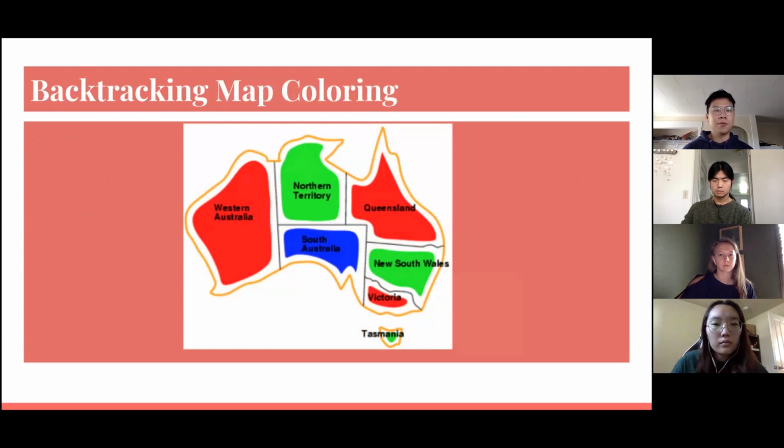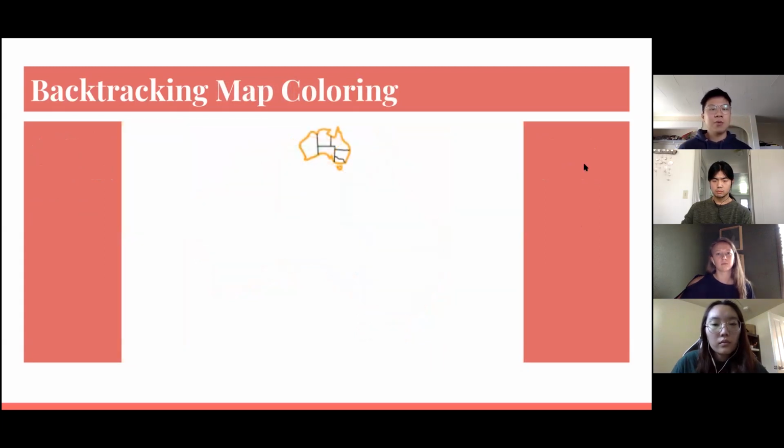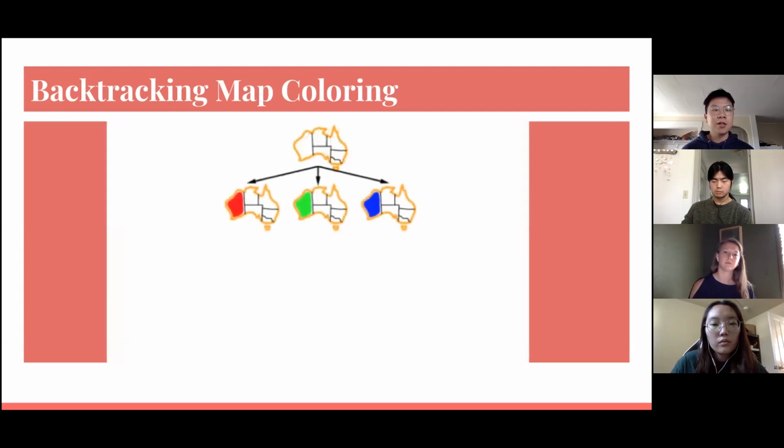If we start from an empty map, we start assigning a color to the very left region. The colors that we can assign to it are red, green, and blue. By performing depth-first search, we first look into the red color to see what happens if we assign red, and we know that the second region would only be valid if we assign green or blue.